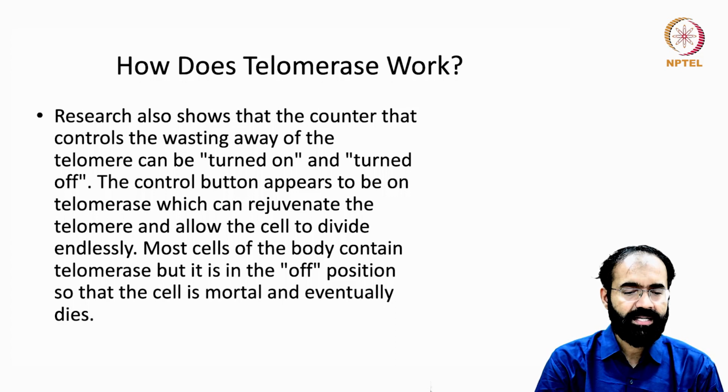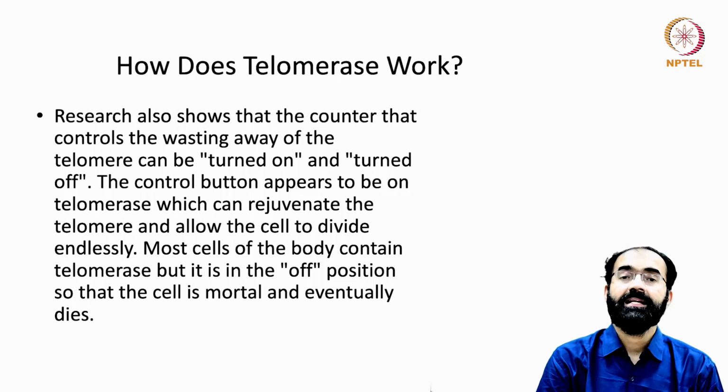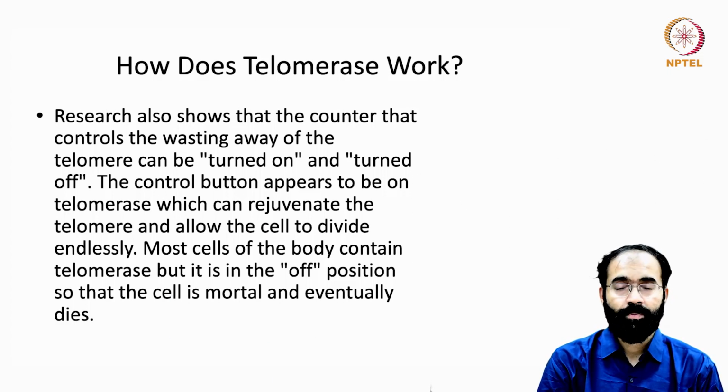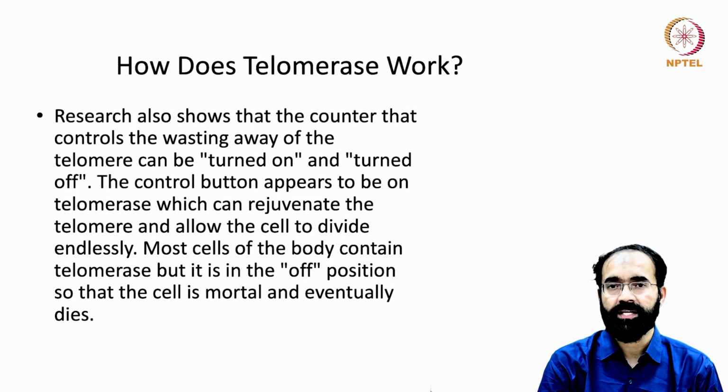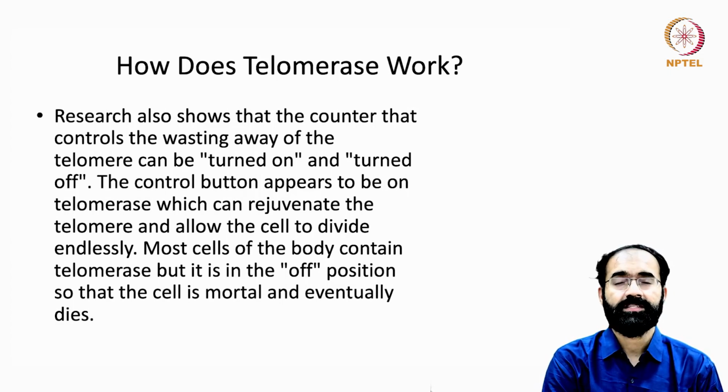Most cells of the body contain telomerase, but it is permanently kept in the off position so that the cell is mortal and eventually dies. And if the cell remains immortal, like in the case of the HeLa cells, which you may have heard about, it is originally from Henrietta Lacks. I think there was even a movie based on the donor of that cell.